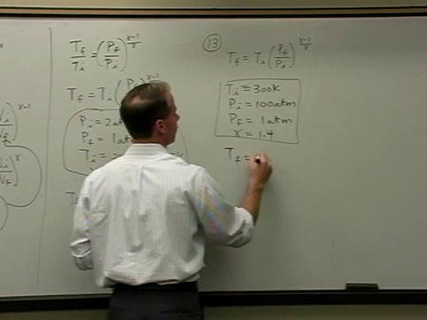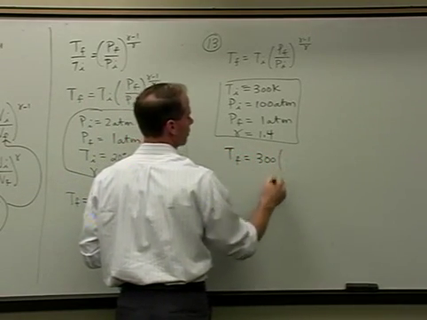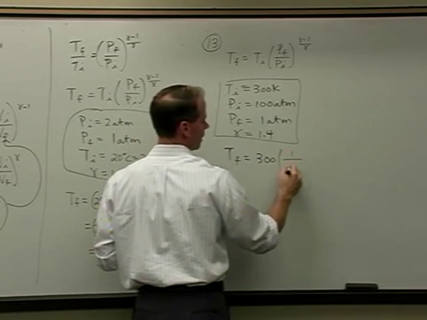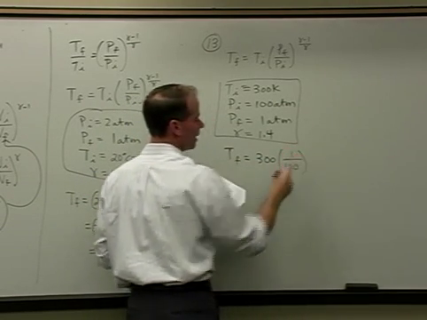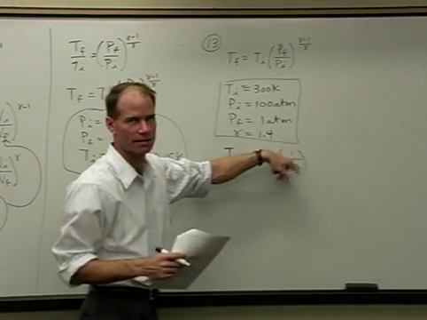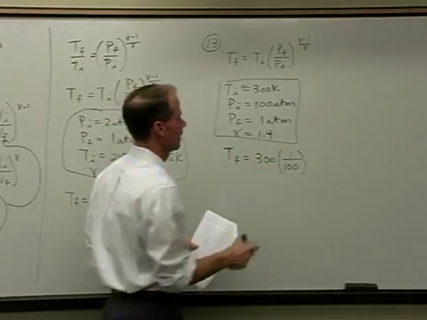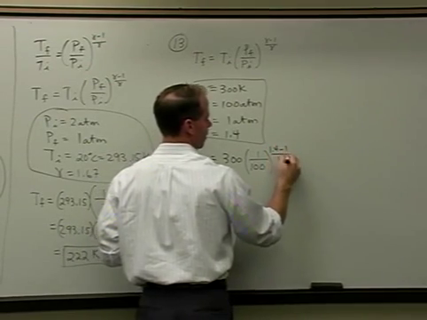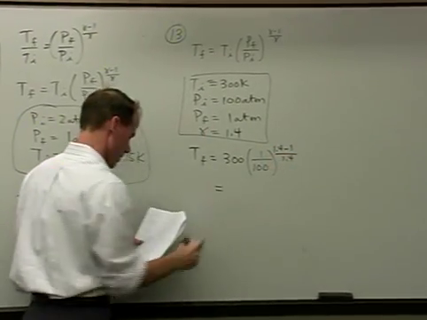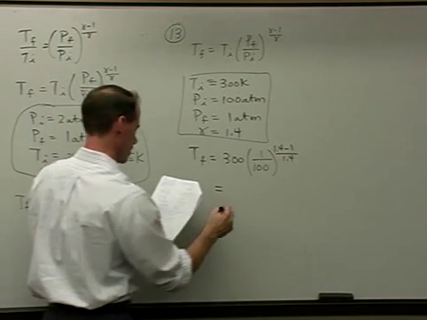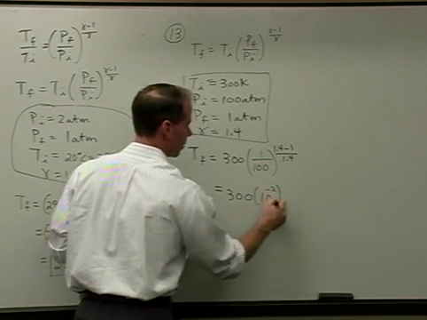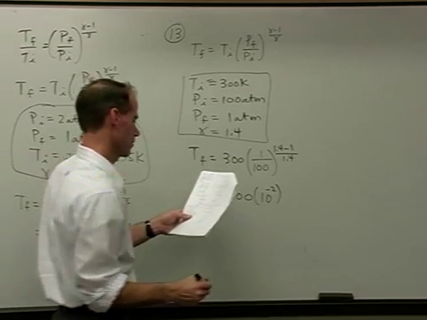T initial is room temperature, or 300 degrees Kelvin. P final is 1 atmosphere. P initial is 100. Again, the ratio, atmospheres to atmospheres, will cancel out, so it's just the ratio we want. Gamma was 1.4, so (1.4 minus 1) over 1.4. I'm going to write this like this. 1 over 100 is 10 to the minus 2.